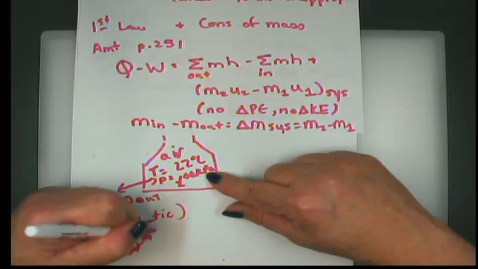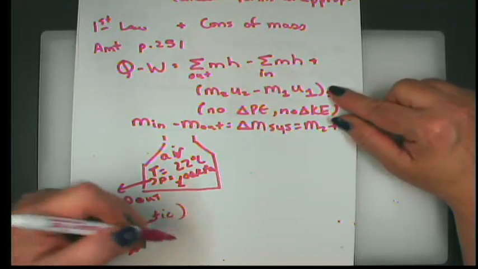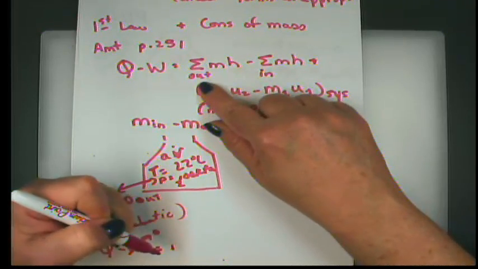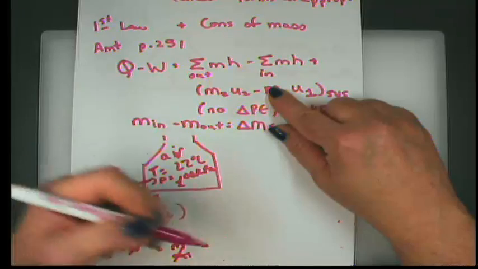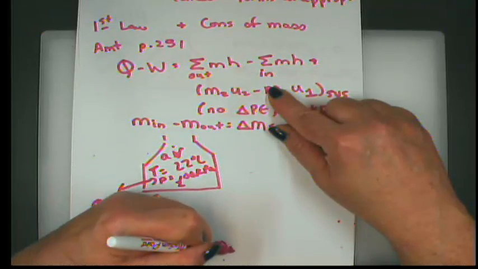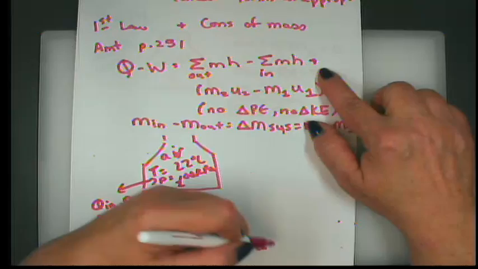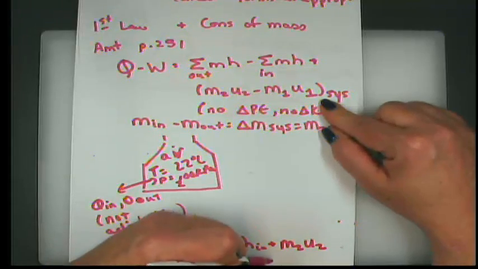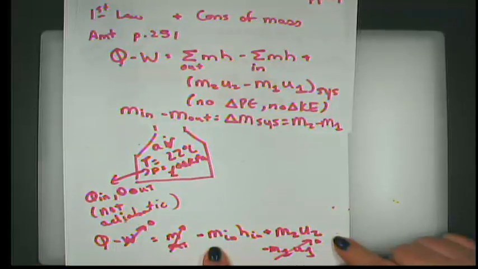So the W is 0, and that is equal to the mass out term, which is 0, so we have a single inlet of mass coming in: minus the mass in times H in, plus the mass at time 2 times U2 minus m1 U1, which, since there's no mass at time 1, equals 0. So we have this equation.